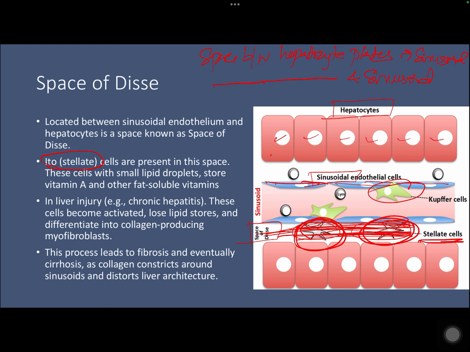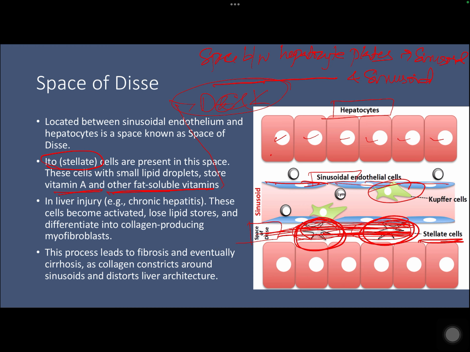Their main function is to store vitamin A and other fat soluble vitamins like D, E, and K.